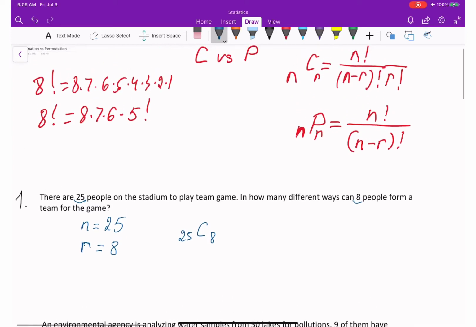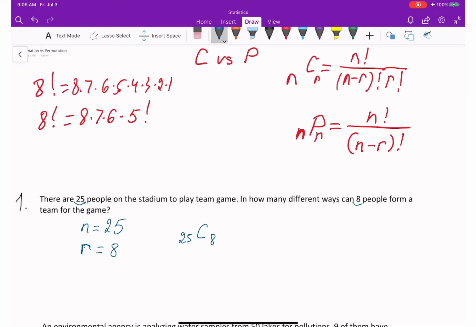So combination 25 and 8, meaning 8 out of 25, and here is your formula. I open it so you can see. It's going to be equal to 25 factorial over (25 minus r) factorial times r factorial.